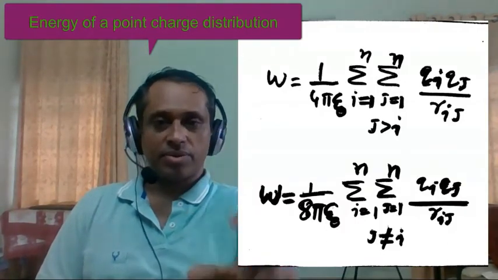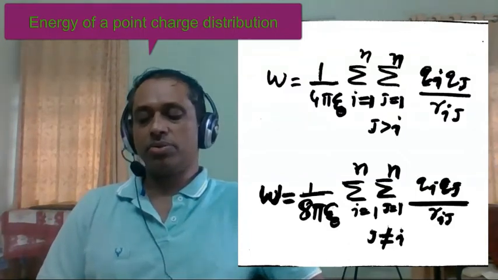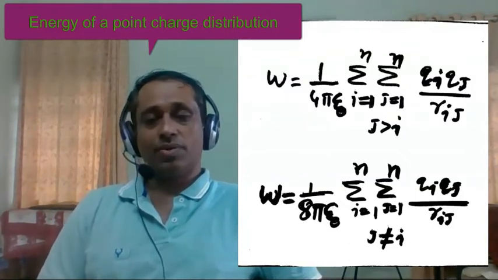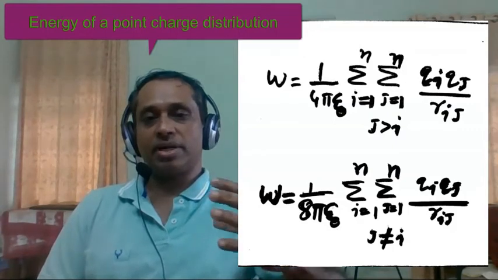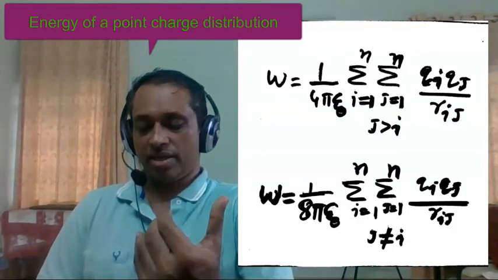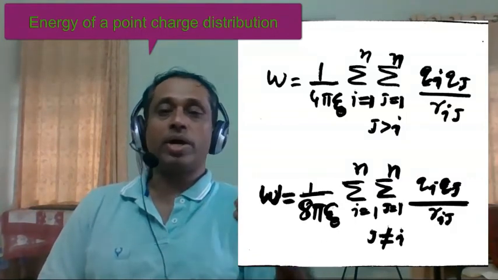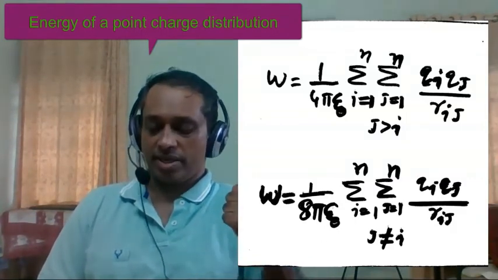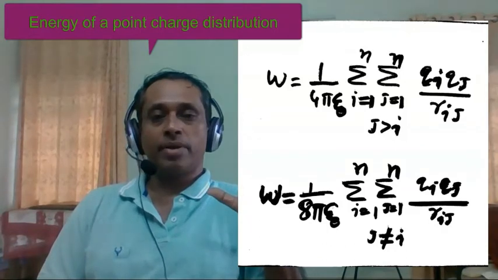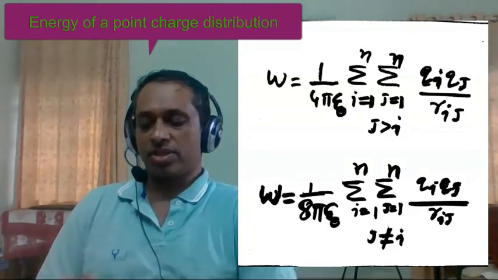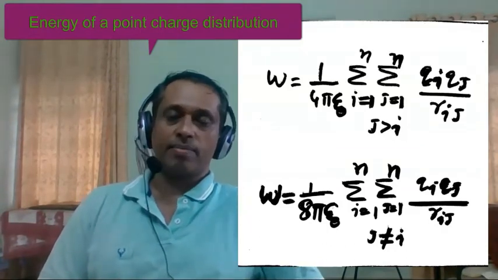So that we have to take care of. So W equals 1 by 4 pi epsilon 0, the double summation over i and j, with j greater than i, Qi Qj by Rij. Okay, so this way we can write the expression for the work done.